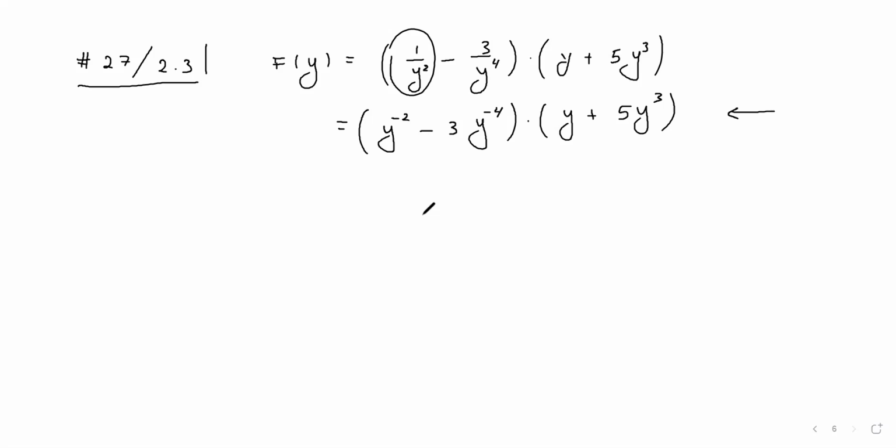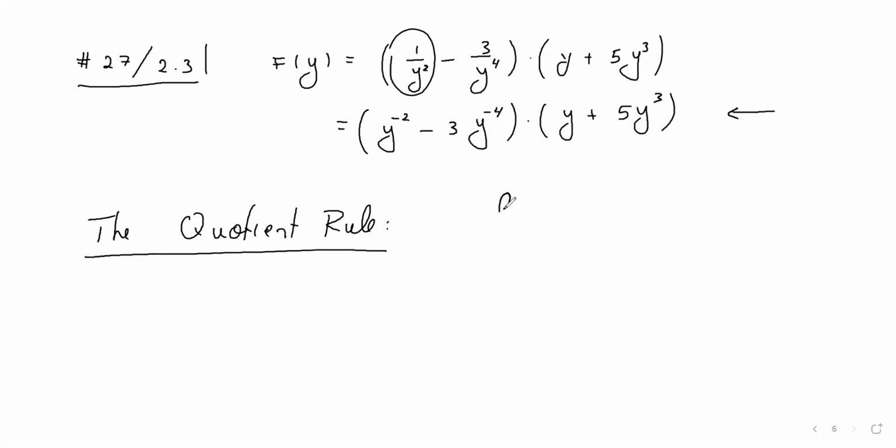So the quotient rule says, and this is going to be the last thing that we'll do here. The quotient rule says that if you have a quotient of two functions f and g, and you calculate their derivative, you're going to get the following thing.